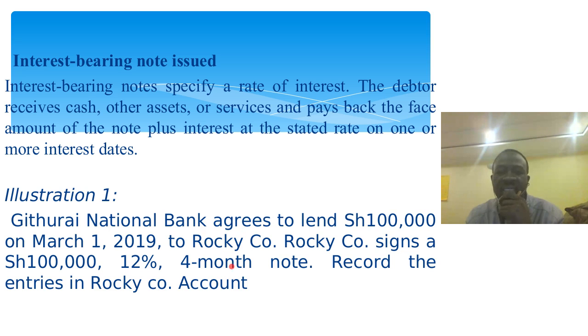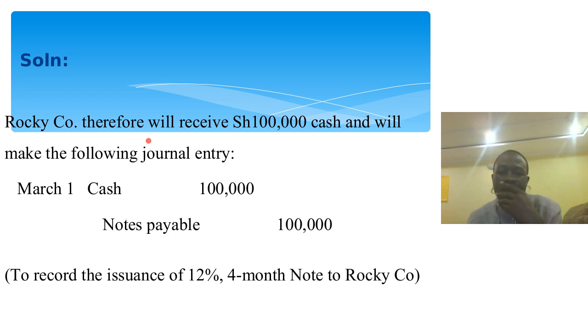Rocky Company signs a 100,000, 12%, 4-month note, and we are told to record the entries in Rocky Company's accounts. Remember the note here is 100,000, and it is to run from March 1st for a period of 4 months.